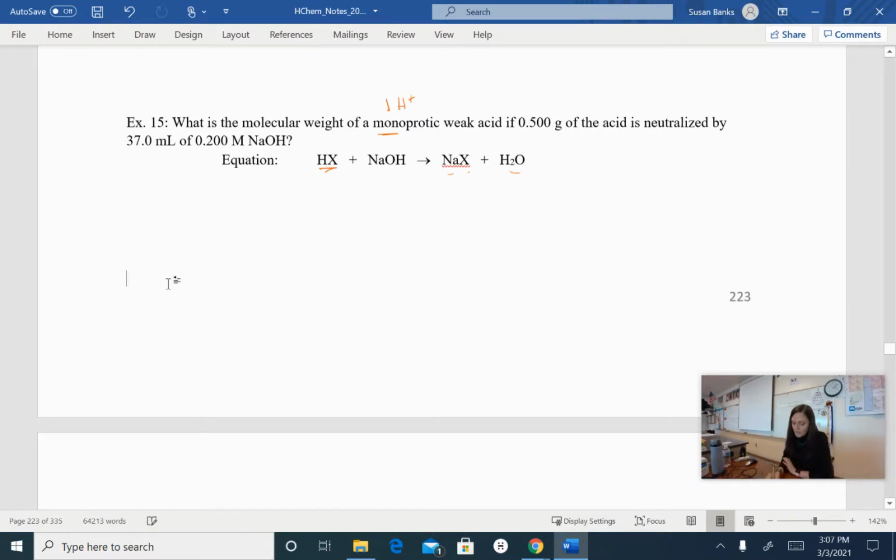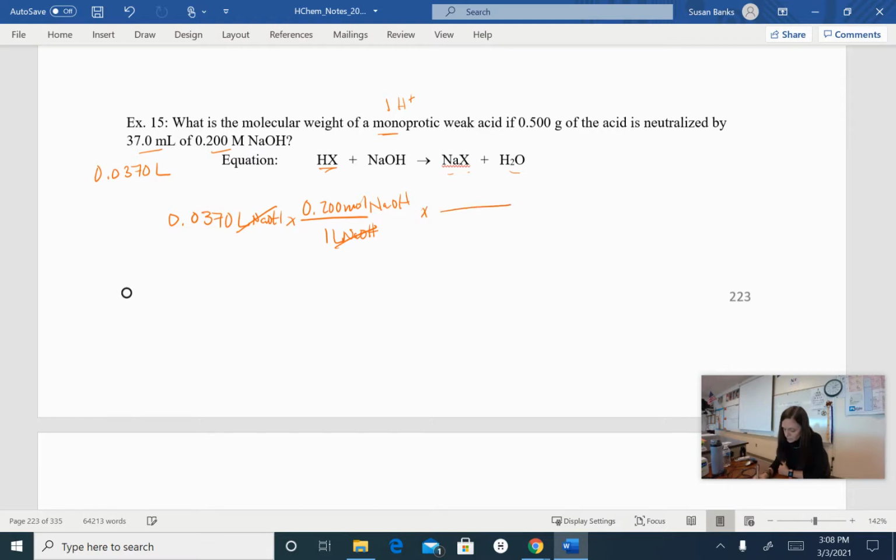I have both a volume and a concentration. I'm going to make that volume into liters. Okay, so I have 0.0370 liters of sodium hydroxide, and I have 0.2 moles of sodium hydroxide in 1 liter of that sodium hydroxide solution. So my liters of sodium hydroxide solution cancel out. I have moles.